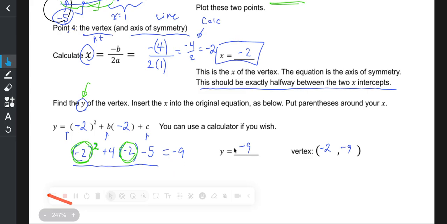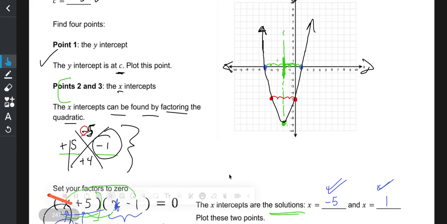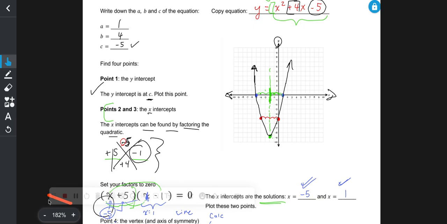And so y of the vertex equals -9. So there's our vertex, and I just went ahead and put the vertex right here. This is -2, -9. And I connected all the dots. This dot right here is just the mirror image of our y-intercept. Since it's 2 away from the middle, I put this 2 away from the middle as well. Okay.